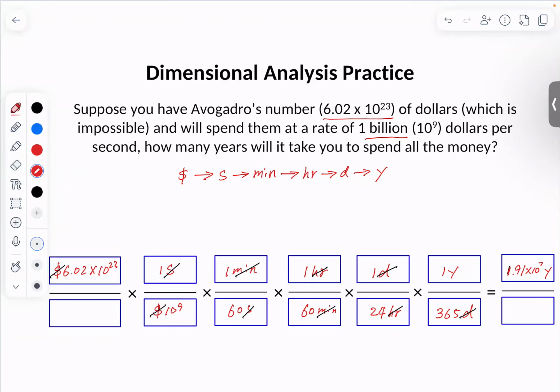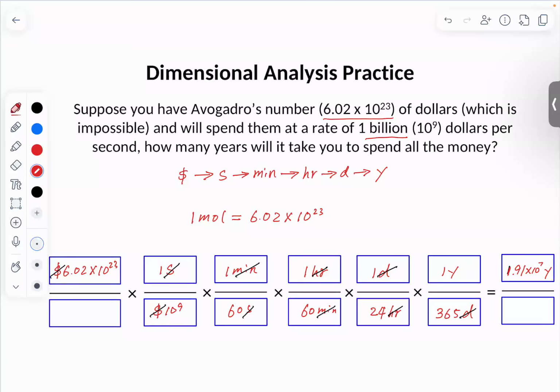Once you understand the basics, dimensional analysis becomes a powerful and logical problem-solving tool. In our next videos, we're going to move forward to explore the mole concept. You will soon discover that a mole is simply a counting unit based on Avogadro's number, 6.02 times 10 to the 23rd.